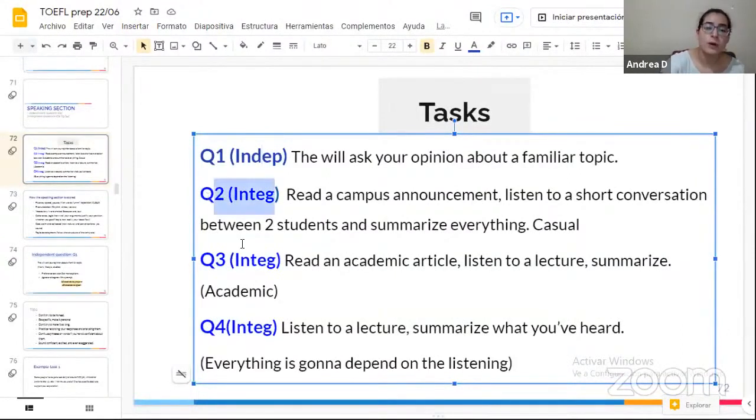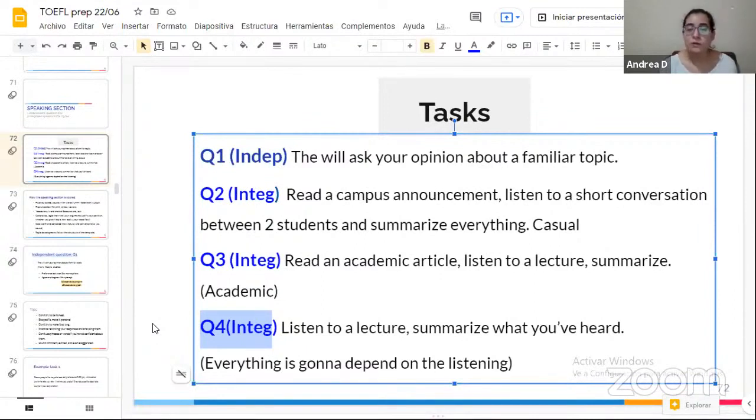However, integrated means that you have to do something before you get to speak. Either you have to read something, or sometimes listen to a lecture, and only then can you answer the question. And it's obviously based on information that you have read or listened to. It's not information that you're going to make up. So that's the difference between independent and integrated.